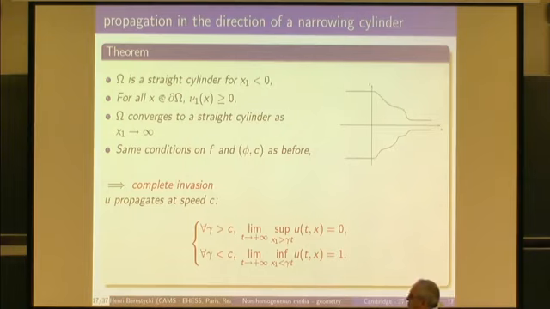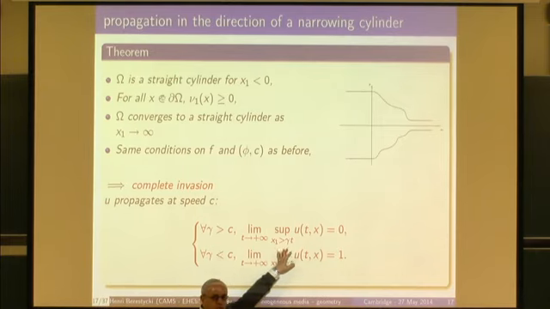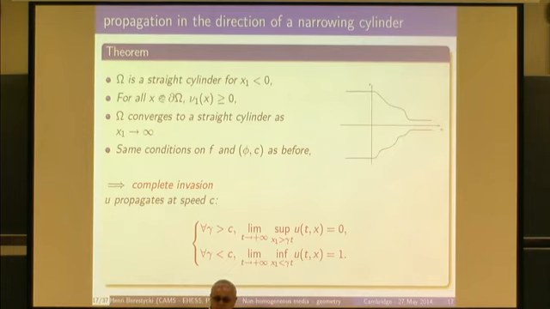And here's the definition of what it means to converge with the asymptotic speed of propagation c. If you are running with a speed gamma in the direction x, any speed larger than c will lead you to see only the state 0, if you run ahead of the front.